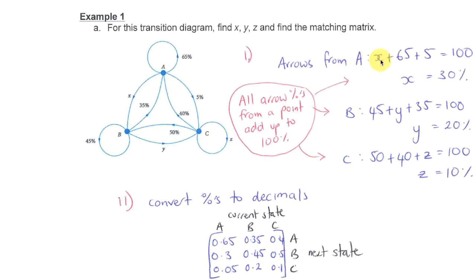So we've got X plus 65 plus 5 equals 100. So that must mean that X is 30%.